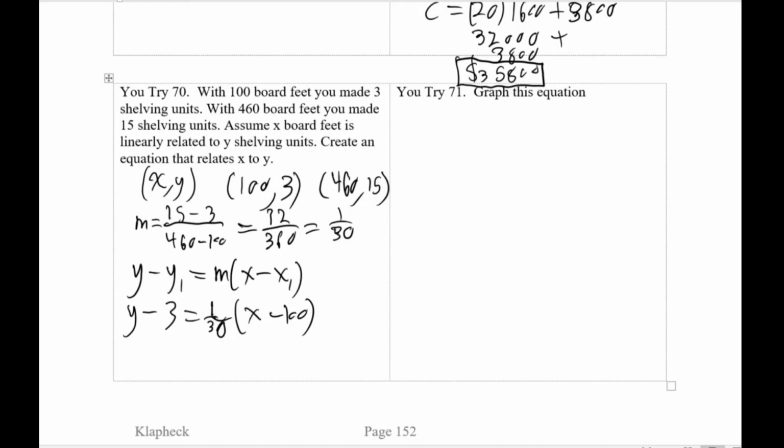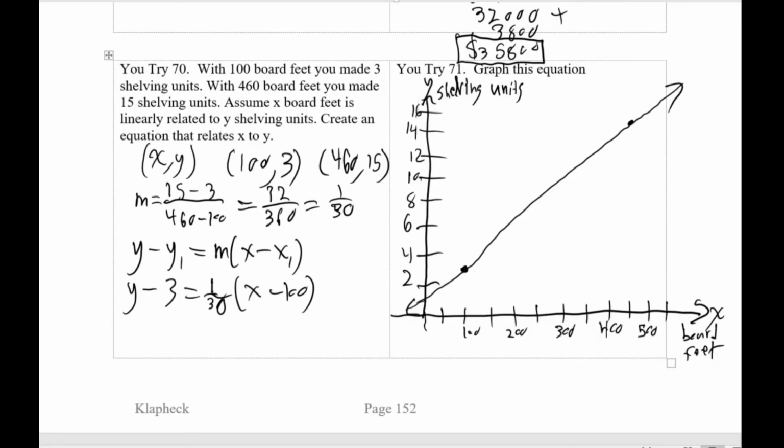You try 71, pause here, then check back with my answer. I label my x with board feet and y shelving units, to be a little bit more descriptive. Then I need to plot my points: 100, 3, and 460, 15.